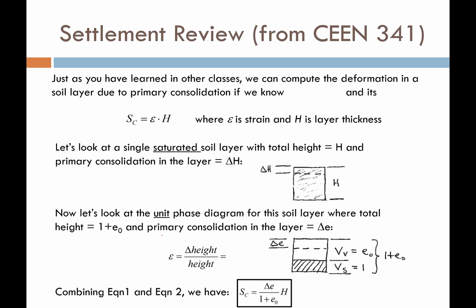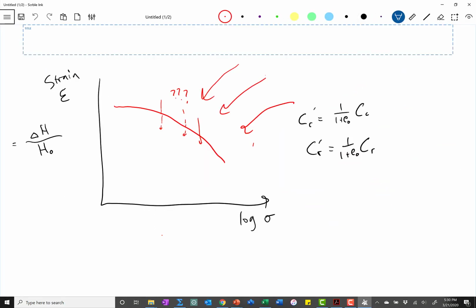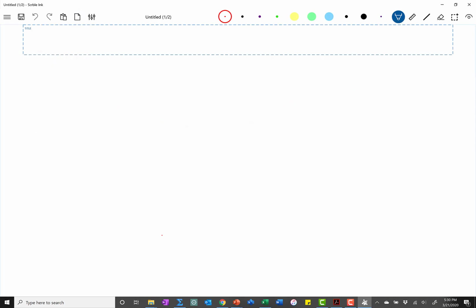Just like you've learned in other classes like mechanics of materials, we can compute deformation in any material if we know the strain of the material and its original thickness. You'll recall that deformation is simply equal to the strain of a material times its original thickness.